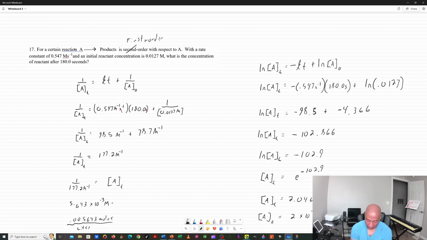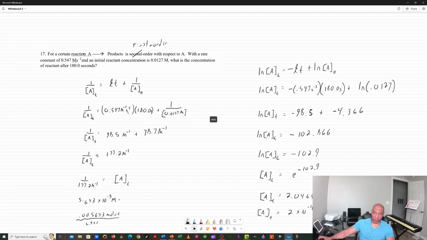Yeah, e to the negative 102.9. That's right. Okay. Well, I guess that's why you don't make up integrated rate law problems on the fly. But if it were a first order one, then that's what it would be.